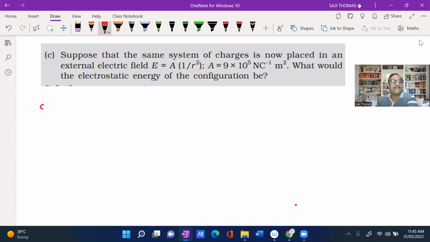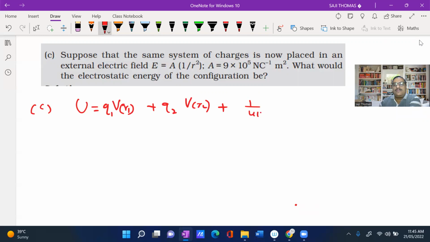U equals V(R1) into Q1 plus Q2 into V(R2) plus 1 by 4 pi epsilon 0 Q1 Q2 by R12.